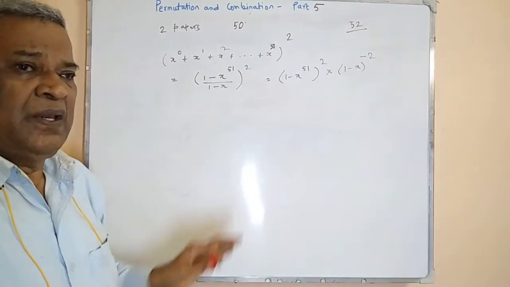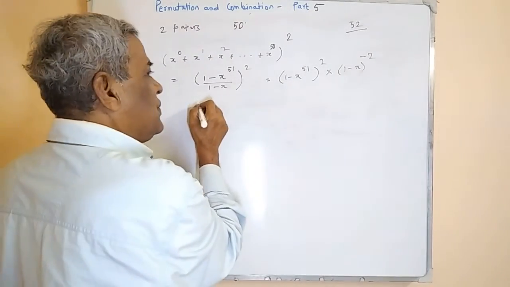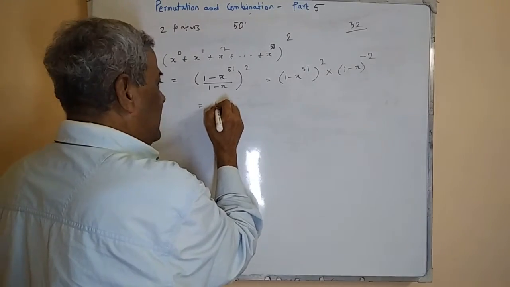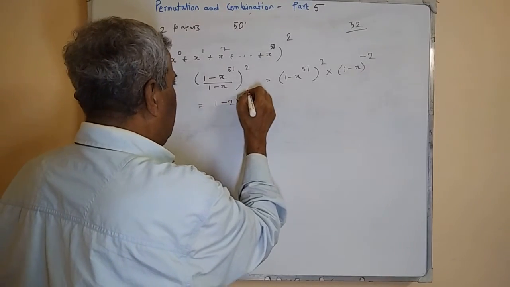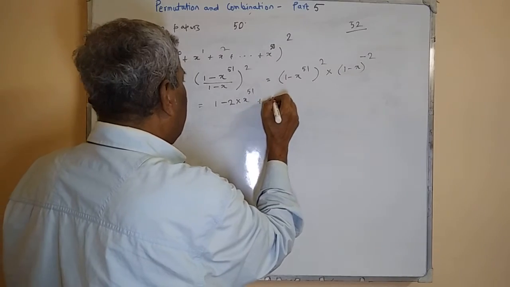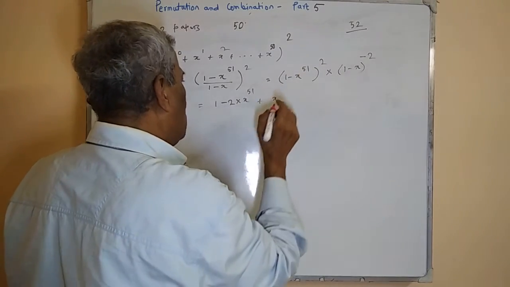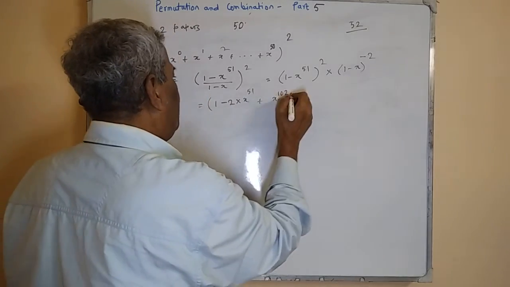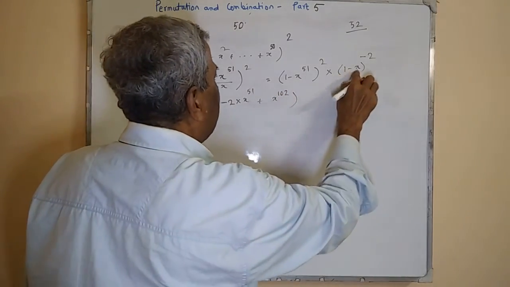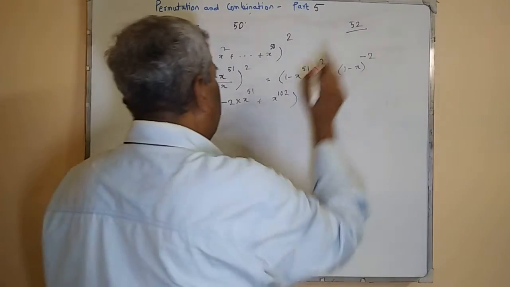This is very easy to expand. It is equal to (1 minus 2x^51 plus (x^51) squared) into (1 minus x) to the power minus 2.